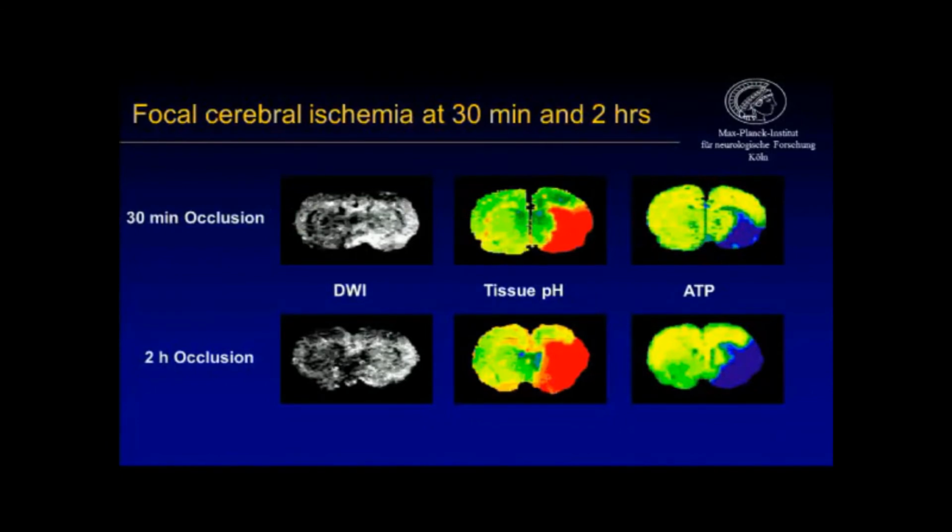As time goes on, you see that this core region grows into the area of tissue acidosis, which then means after 6 hours, both have already become equivalent. The peripheral region has been lost to the expansion of the core.